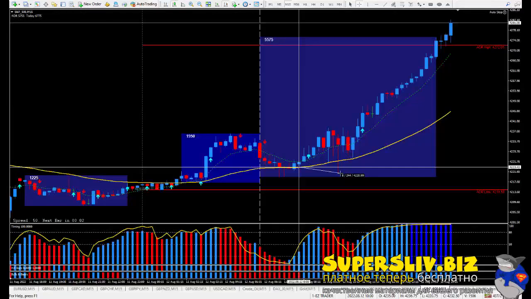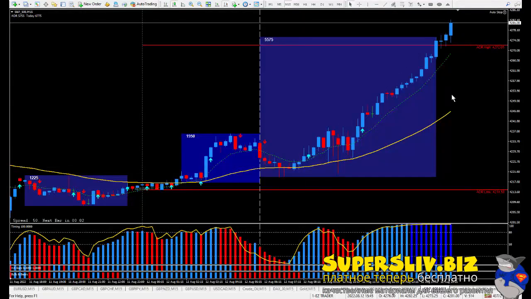So you're risking, say, 25 pips or thereabouts, and up to here alone is well over 500 ticks. So if you take 500 times $5, that would be $2,500 if you did one standard lot.